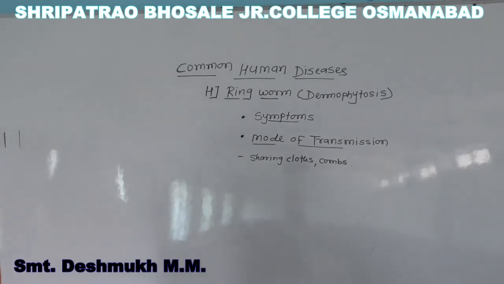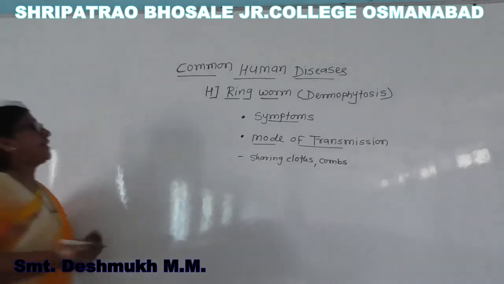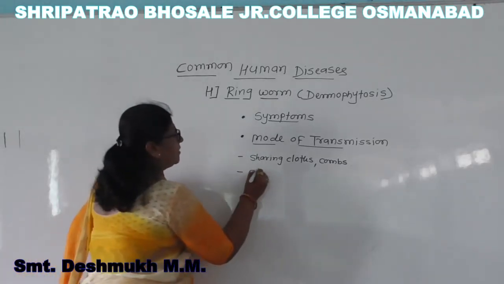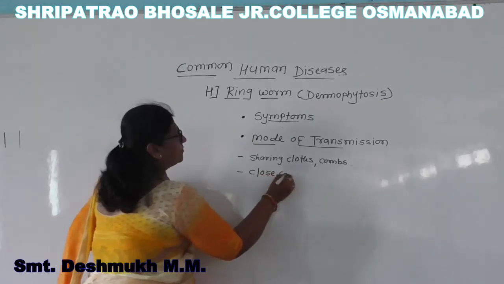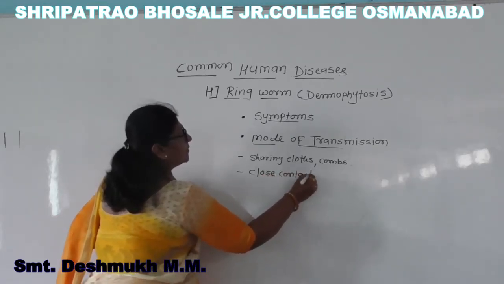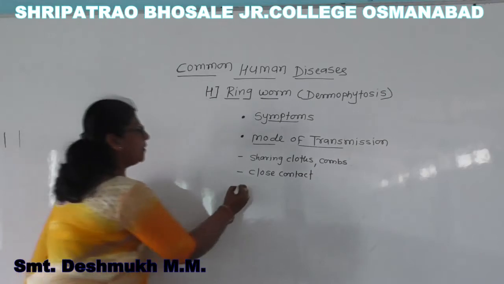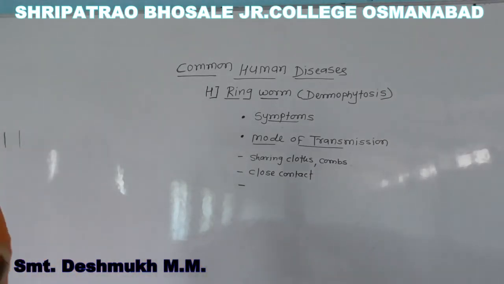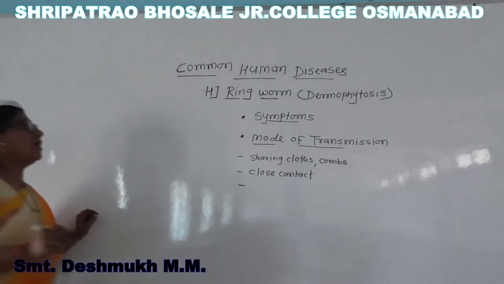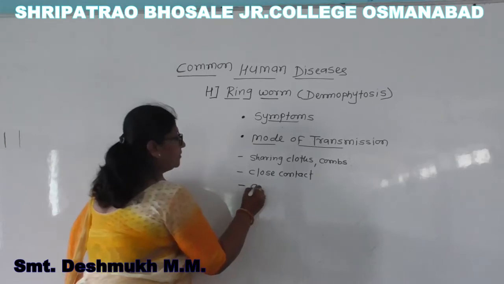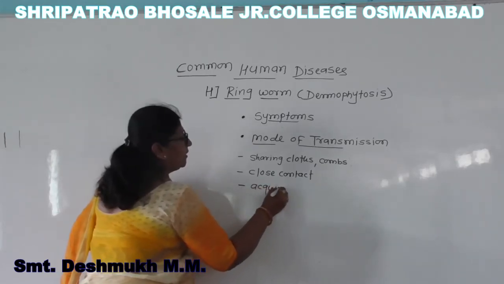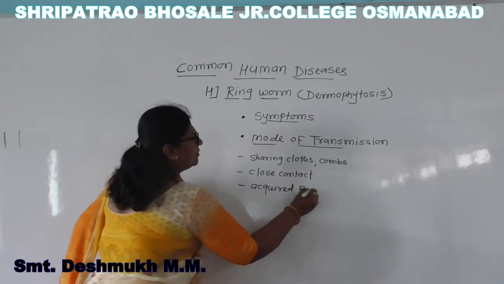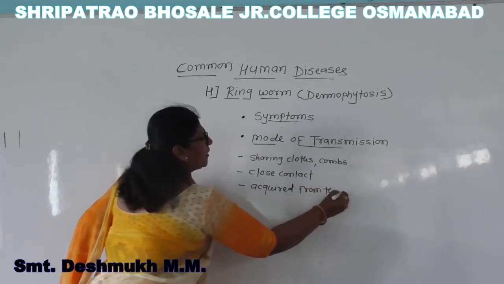The second mode of infection is close contact with an infected person. Generally, ringworm is also acquired from the soil.